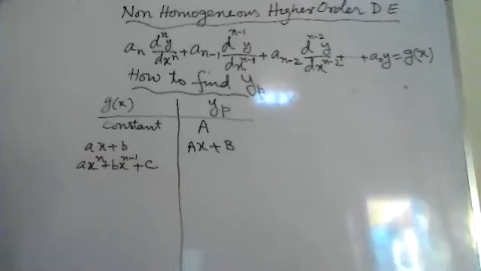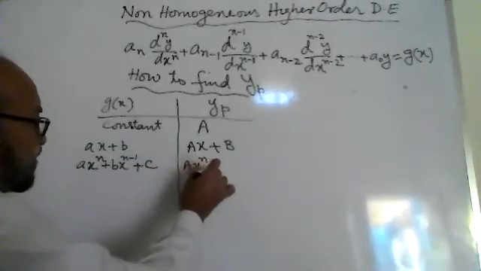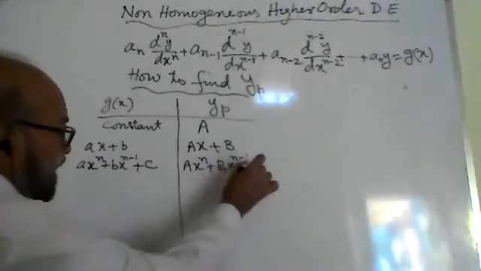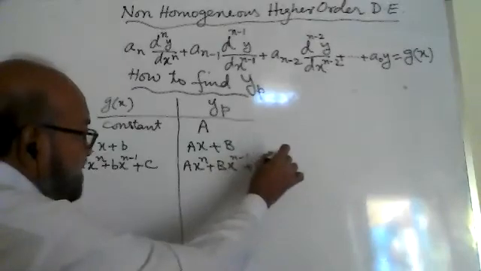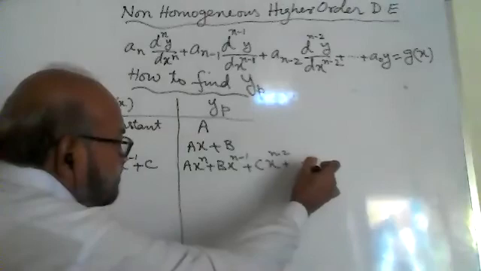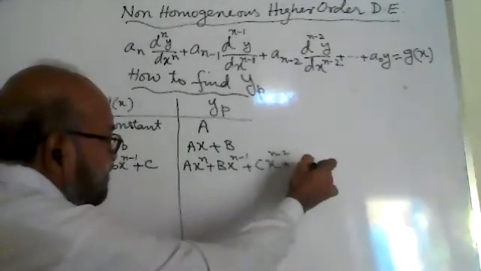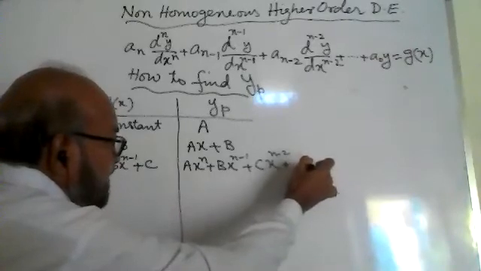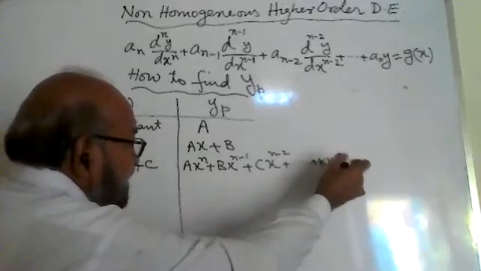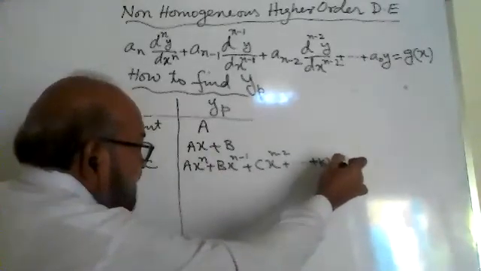So here we will take ax raised to power n plus bx raised to power n minus 1 plus cx raised to power n minus 2, up to some constant times x, and then a constant, etc.